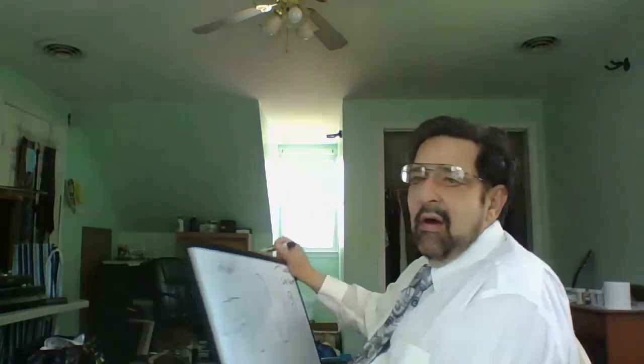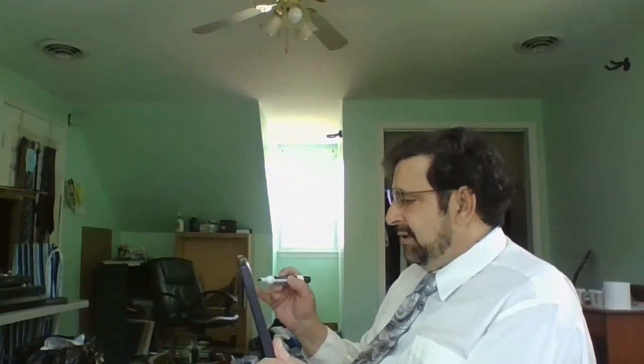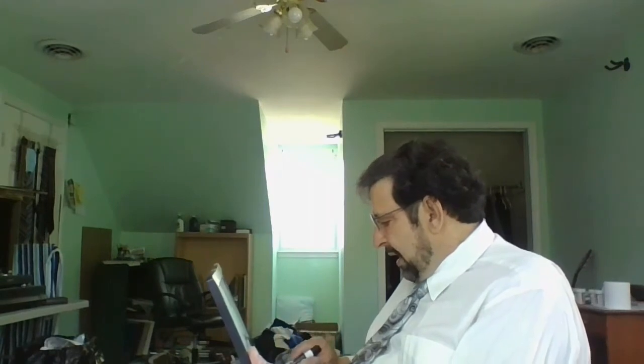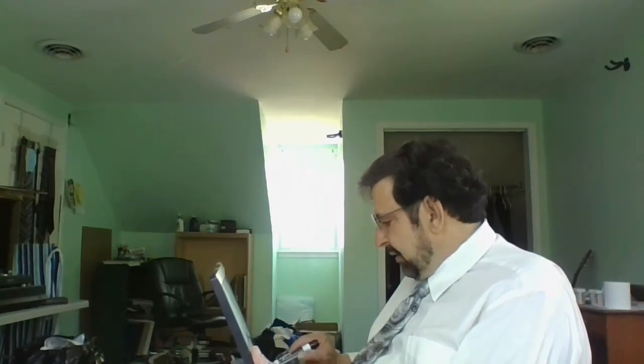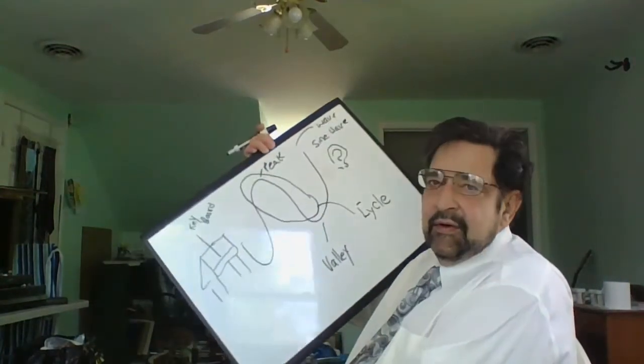Well, what do we know about a wave? Well, a wave has something at the top called the peak, and it also has something at the bottom called the valley, and in between those two things you have a cycle. Alrighty, so you see how that works?